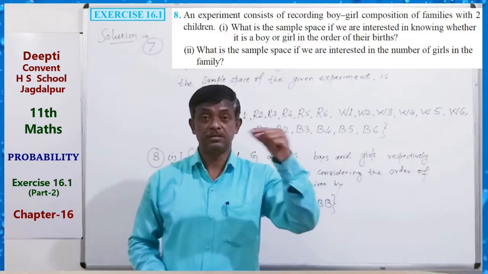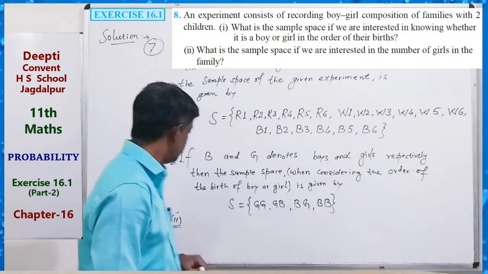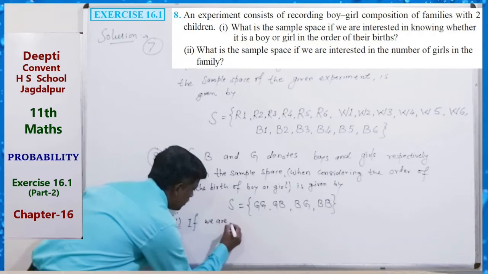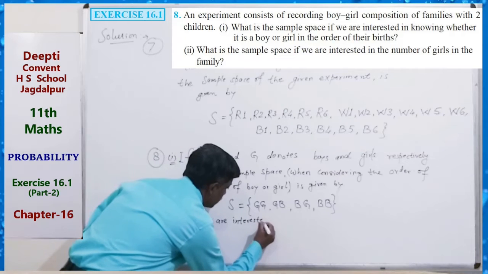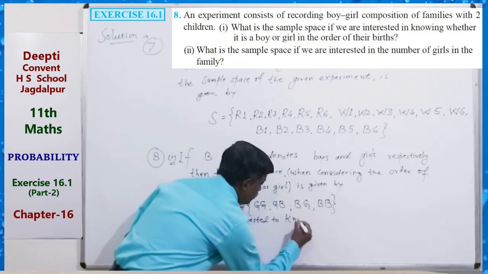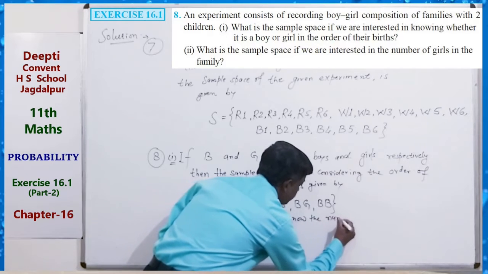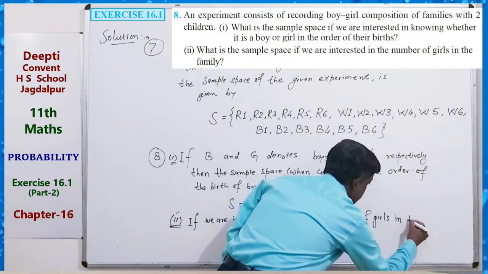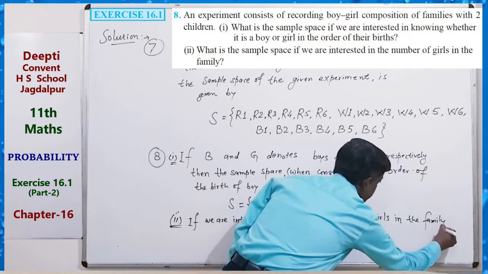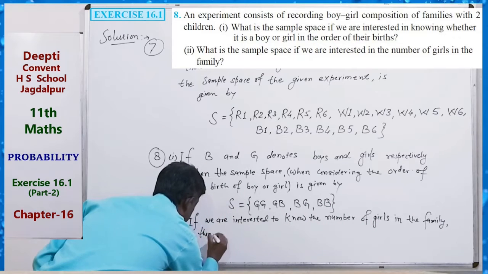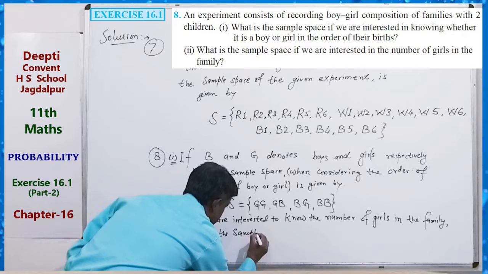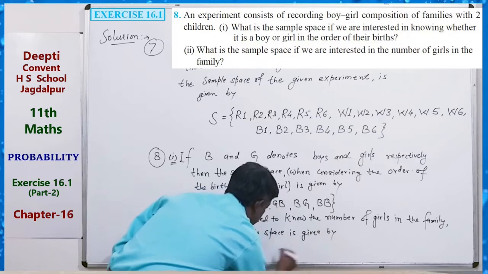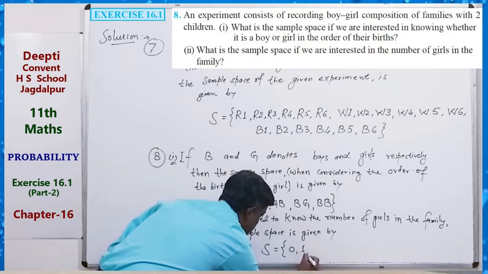That is the number of girls: 0, 1, 2 maybe. So if we are interested to know the number of girls in the family, then the sample space is given by S equals {0, 1, 2}.